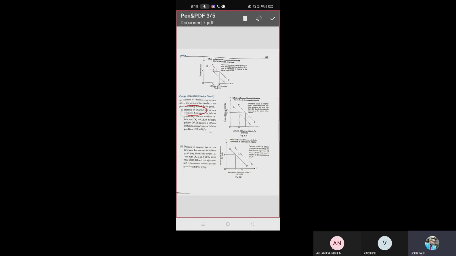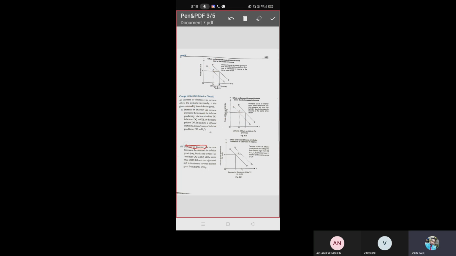Simultaneously, on inferior goods, when income increases, we won't spend much. When income is high, we won't buy inferior goods much. We won't go to a dhaba; instead, we'll go to a restaurant. We won't buy Arasan soap; instead, when income increases, we will buy normal soap, normal perfume. When income decreases, what happens?